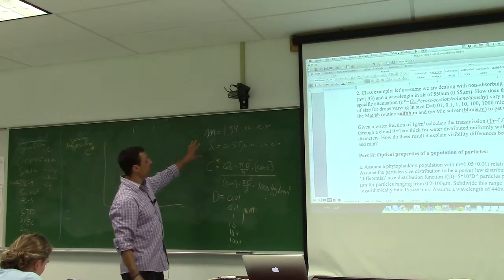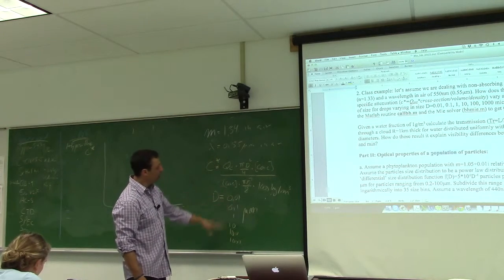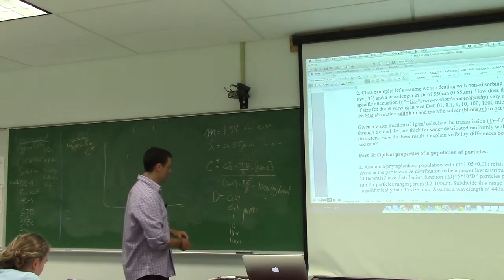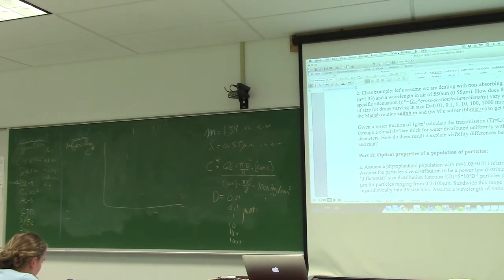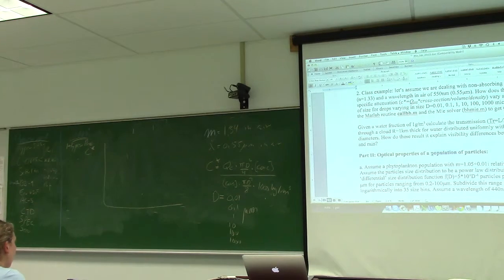Now, none of the approximations you have there will cover all this range, so we'll do it in Mie. So first we'll calculate the beam attenuation for each size, and then we'll calculate the C star. So let's start by beam attenuation for each one particle per meter cube.